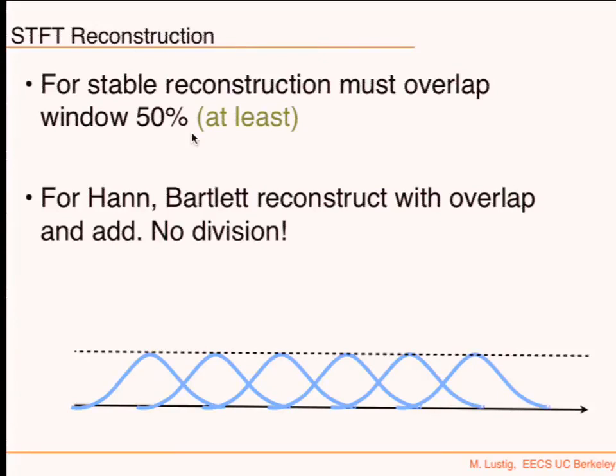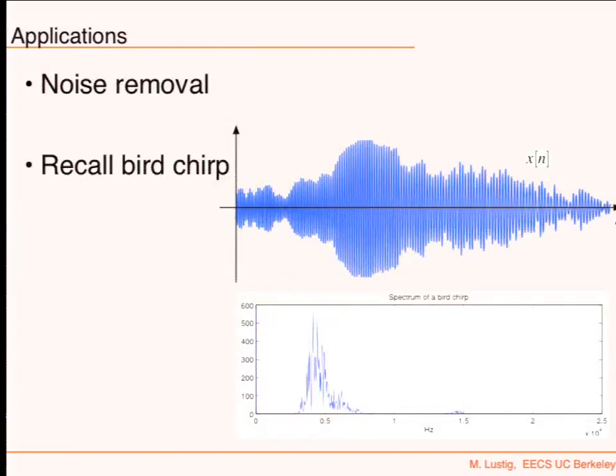But here's an application where you could use this. Let's say you want to do noise removal, and let's say you have noise on this bird signal. I know what the spectrum of the chirp of the bird signal is.